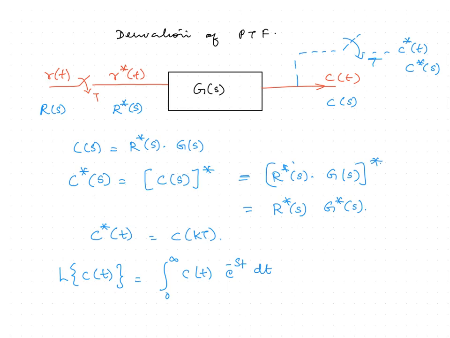Since it is a sampled signal, C star of s, that is the Laplace transform of c star of t, can be written in the summation form as sigma k equal to 0 to infinity c(kT) into e raised to minus skT.